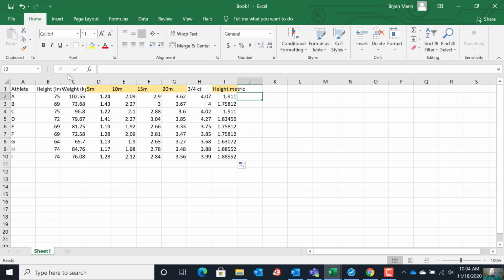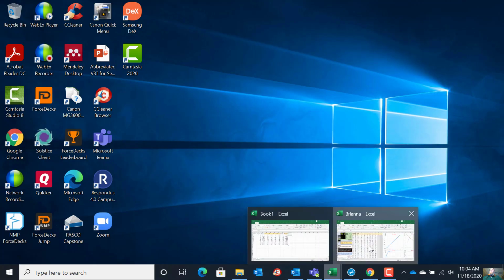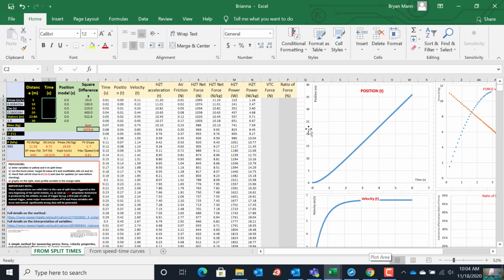So now we have our height, we have our weight, we have our split times. What we can do then is come over with that information into the spreadsheet by J.B. Morin. Now he has put a fantastic tutorial down about how to use the data solver and things like that, which I don't have data solver capable for this computer because it's super old.